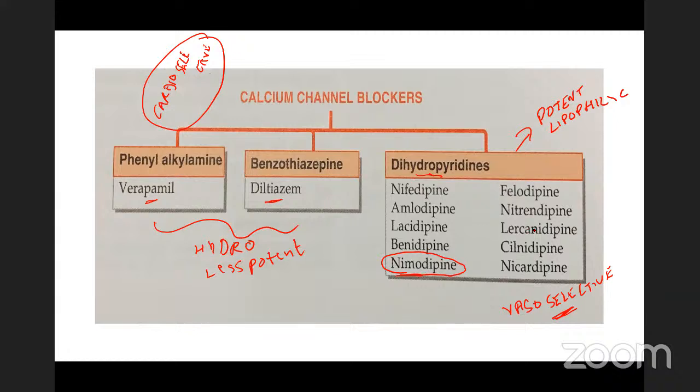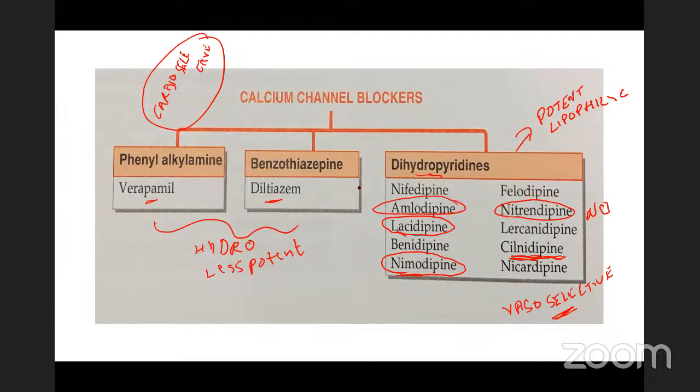That means it reduces proteinuria, so it has a renoprotective effect in patients with hypertension. Lacidipine is a longer acting drug which can be used once daily. Then nitrendipine is one of the drugs that causes increased nitric oxide release from the vascular endothelium by inhibiting the phosphodiesterase enzyme.